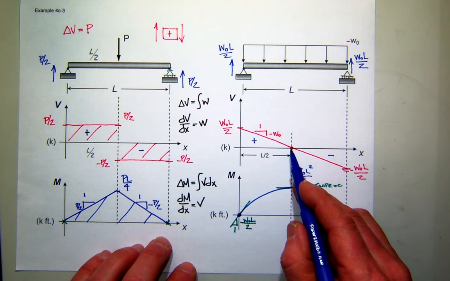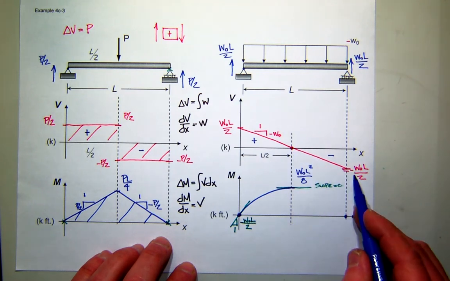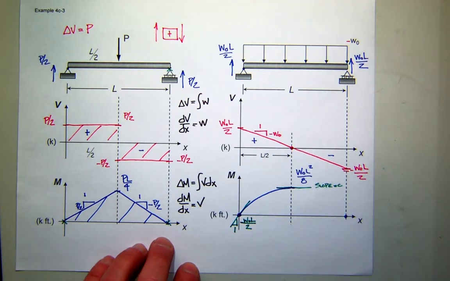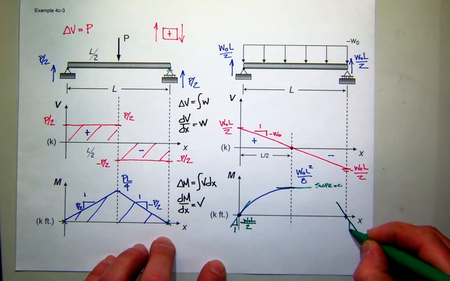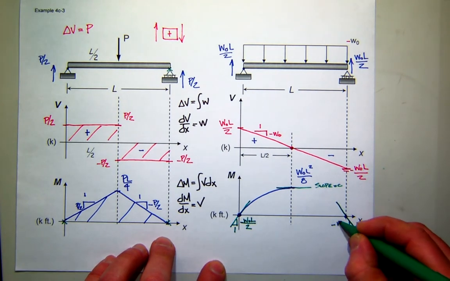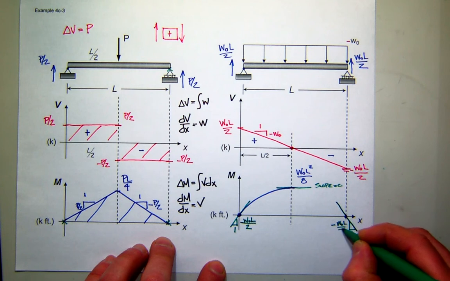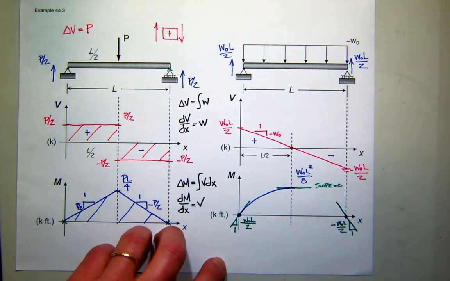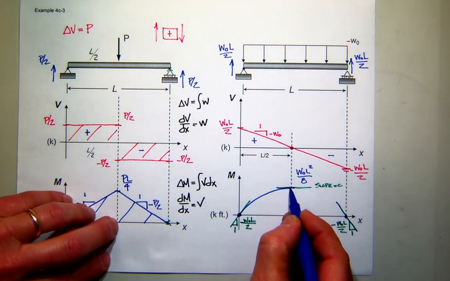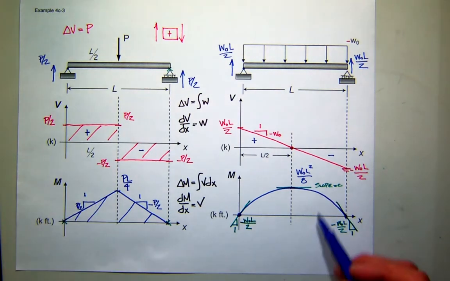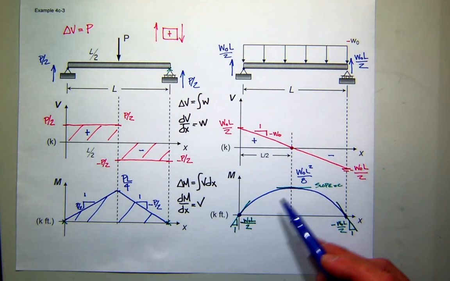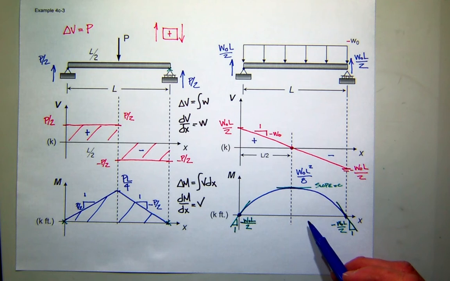Okay, that matches. And then it gets larger and larger negative slope. And then again, if I can kind of draw that in, I get something like that. And actually, if you look at this mathematically, that is a parabola, a parabolic section.